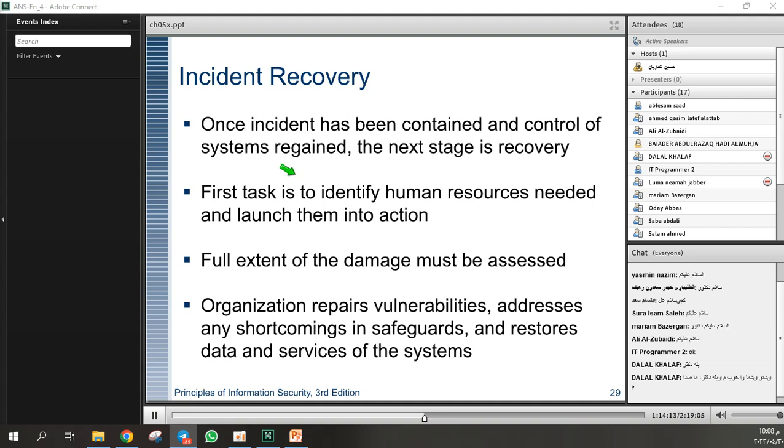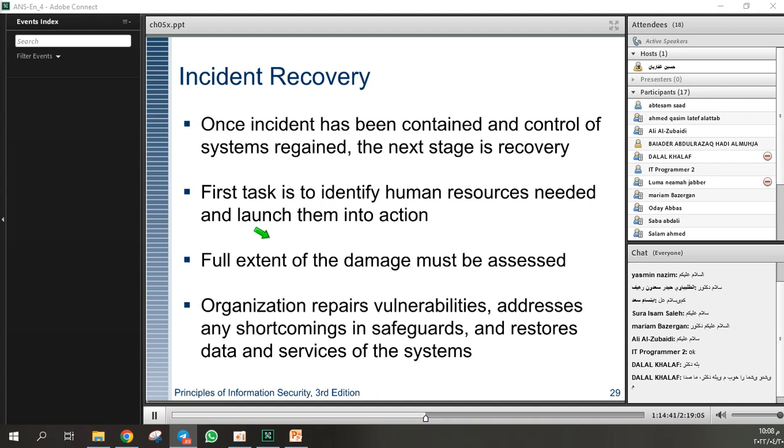Which type of tools do we need? How much budget do we need? We must analyze the damage completely. But firstly, we should identify the human resources needed for this analysis and recovery.